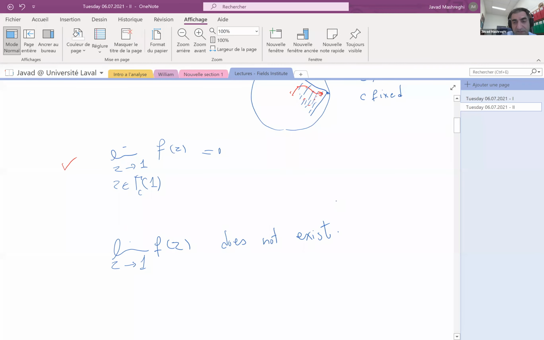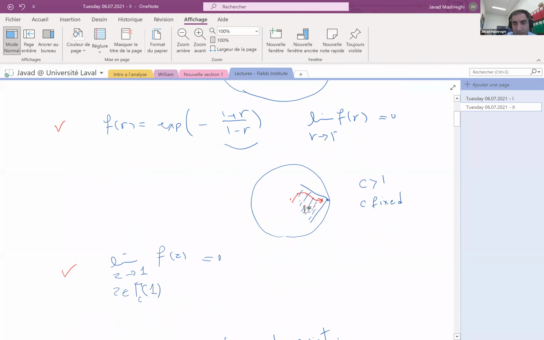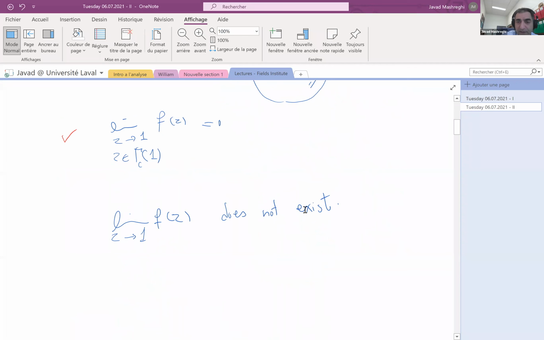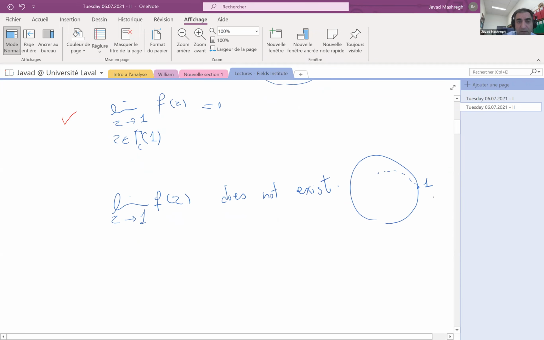In other words, the first method, when you go to the boundary without any restriction, is not working here. This part is not difficult to show. It's enough to show that, for example, there is a sequence which goes to the boundary, and the sequence has to be kind of tangential to point 1.